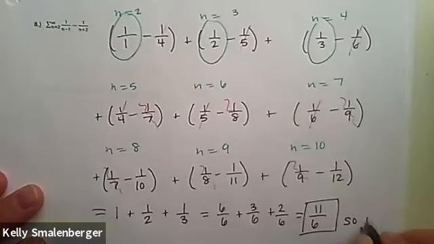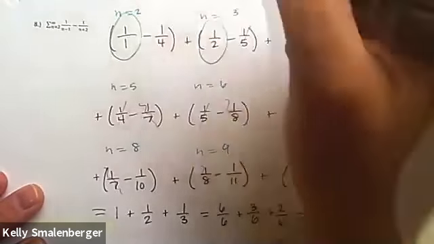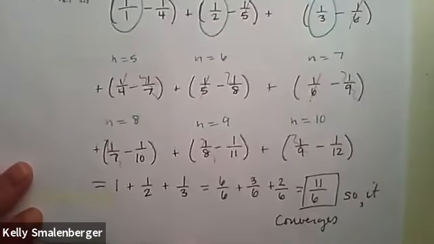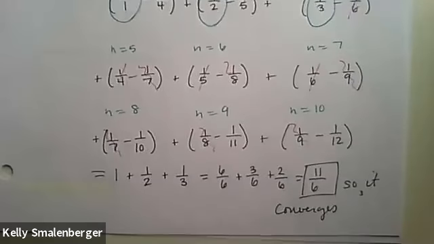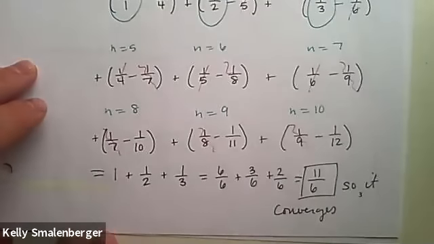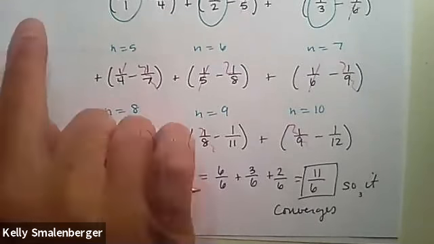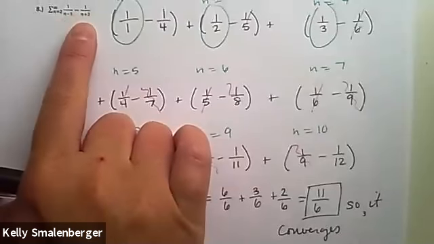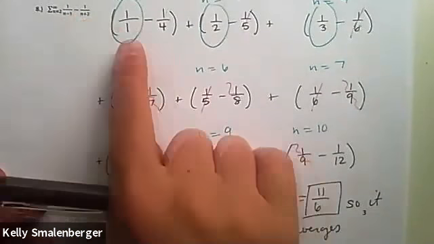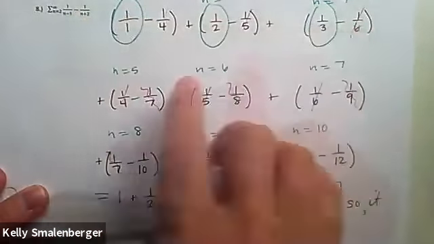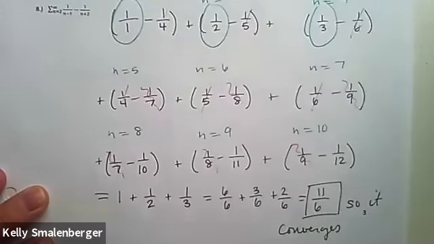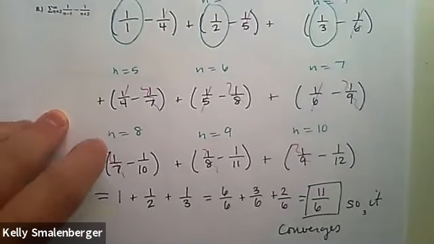So it converges. Does that make sense? All right, so telescoping series typically looks like a fraction minus another fraction with the same numerator. See how the same numerator is super handy here? Right, different numerators, you could be writing it all day.